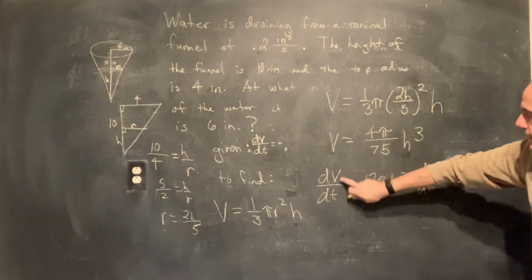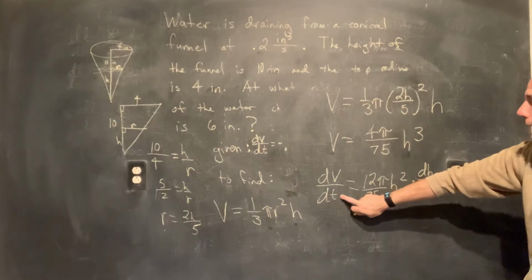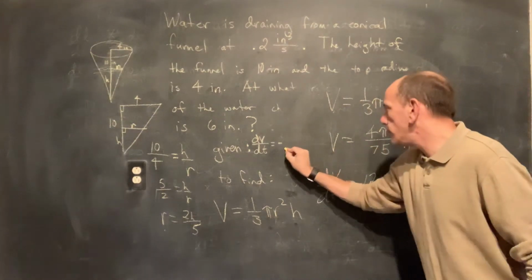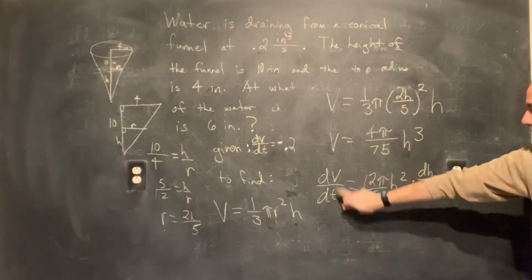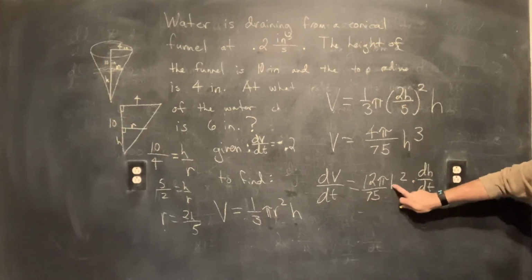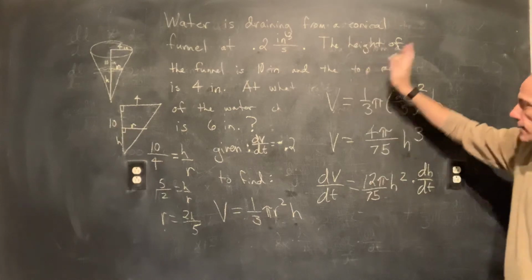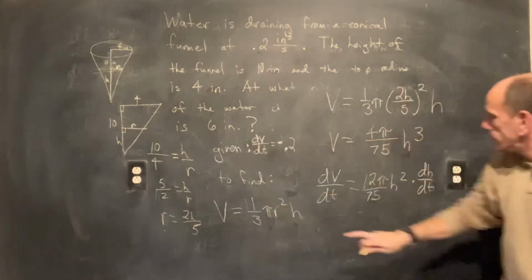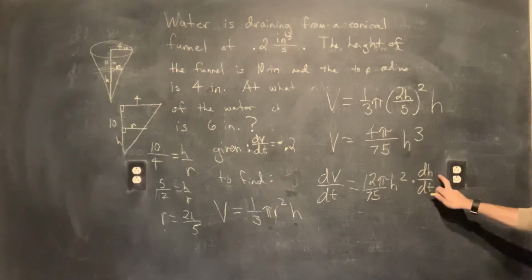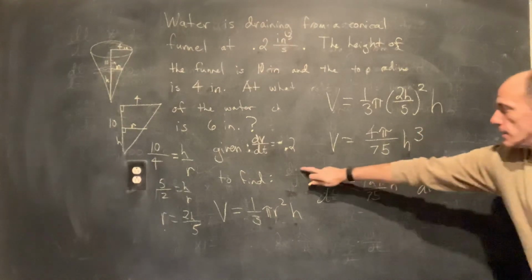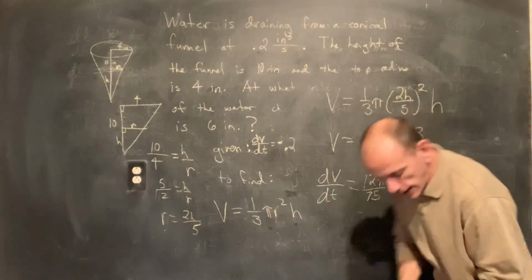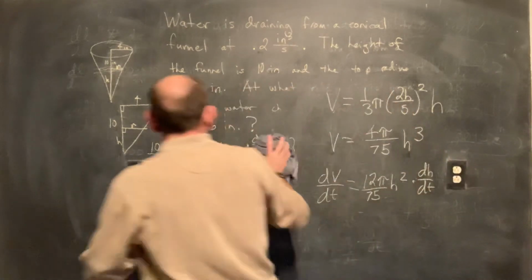Good. So dv dt, do I know that? Oh, I just erased it. It was negative 0.2, right? So I know this side. Do I know h? Yeah, h was 6. I just erased it. Yeah, h is 6, so I know h. And dh dt, that's what I'm trying to find, right? So it looks like I've got everything I need now. I'm able to solve.